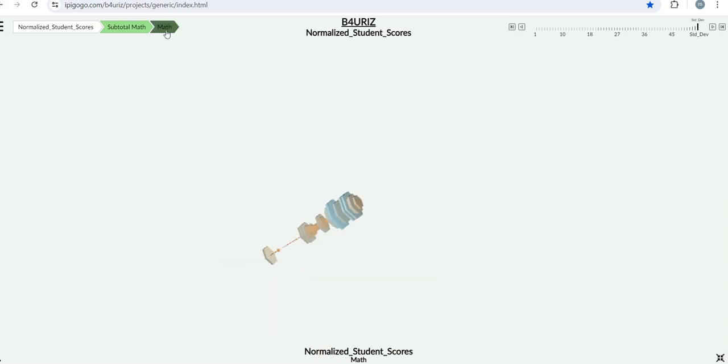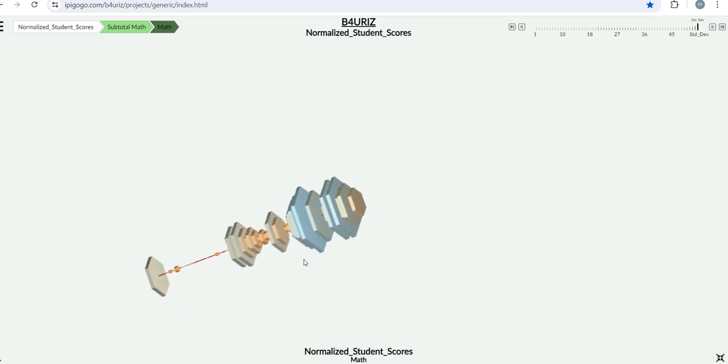And that would be essentially at the maths level per student, what it looked like at that point in time.